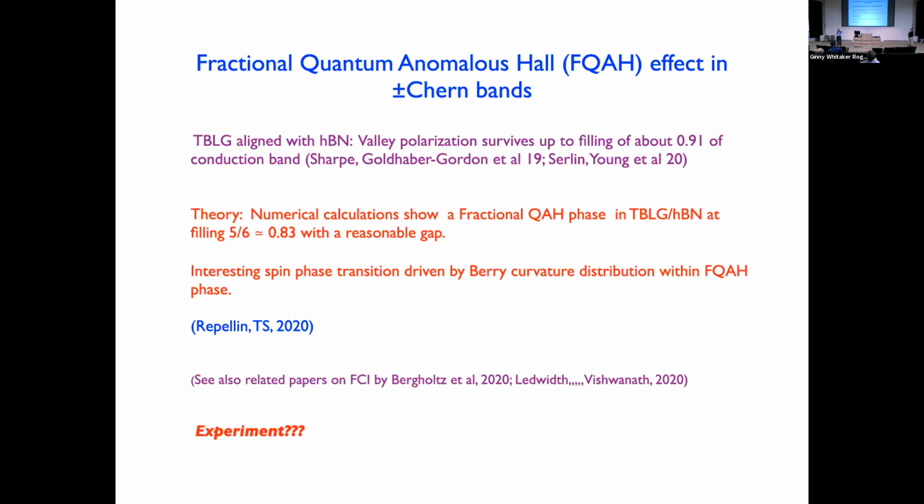Now, from this filled Chern band, you're adding electrons, meaning in the hole picture, you're taking a whole filled Chern band and then removing holes. And the amount of holes you remove to reach 5/6 is exactly 1/3. Now, in the Landau level, 1/3 filling is very special. It's the most prominent quantum Hall state. So that's the reason to look at this.